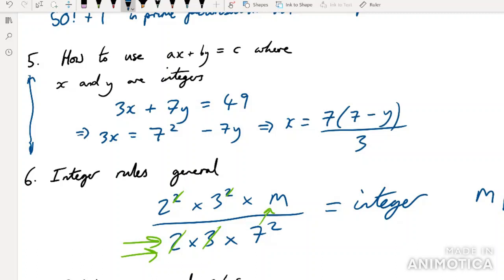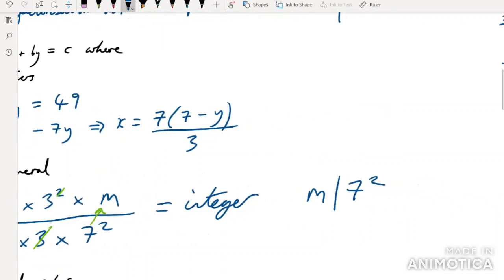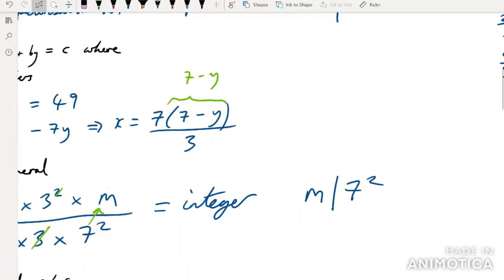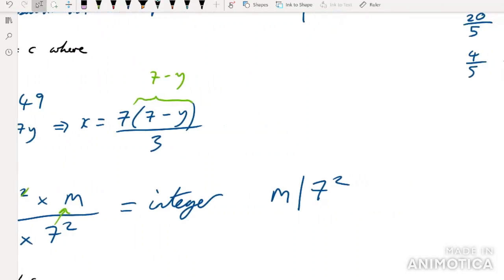And we know x and y are integers, and so that 3 must cancel somewhere. And it definitely doesn't cancel with the 7. So what does that actually tell us? Well, it immediately tells us that 7 minus y must be divisible by 3. Assuming x and y are positive integers, then all we've got is that y can either equal 1, in which case we've got a 6, or y could equal 4.